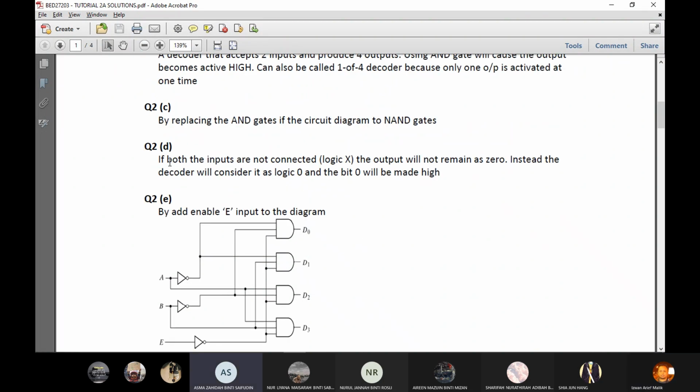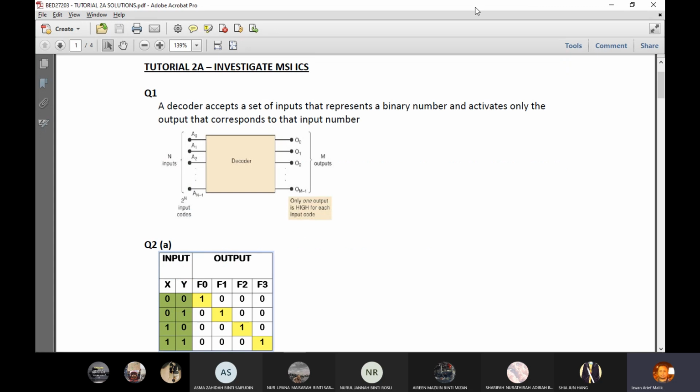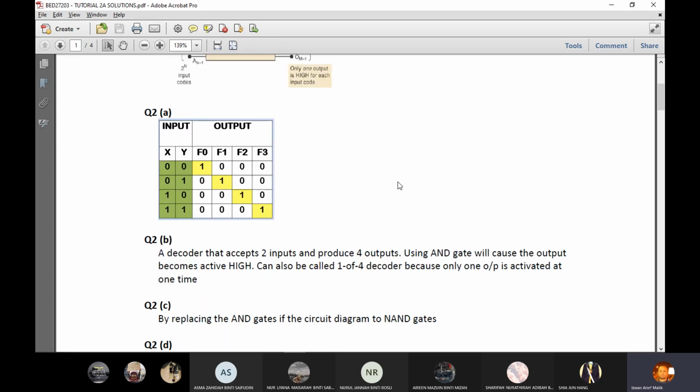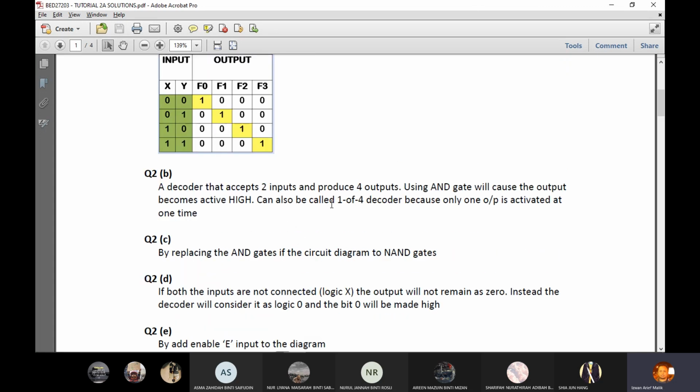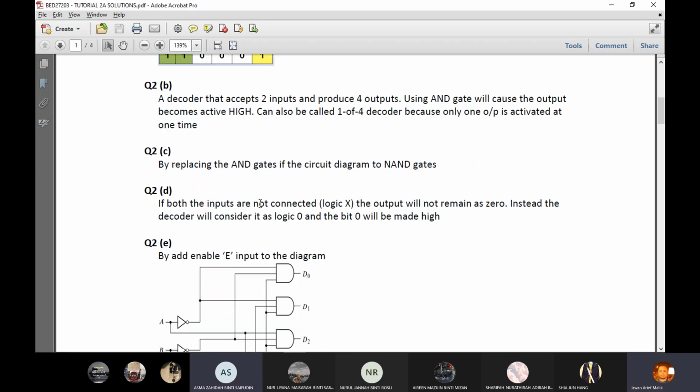Maksudnya? Saya kata advantage, disadvantage. Kan untuk convert 3 to 8 line decoder. Maksudnya from 2 to 4 decoder, dia tak boleh jadi 3 to 8 decoder. Yes. But dia yes. Boleh juga. Yes, tak ada masalah. That is also one of the solution. One of the disadvantage.